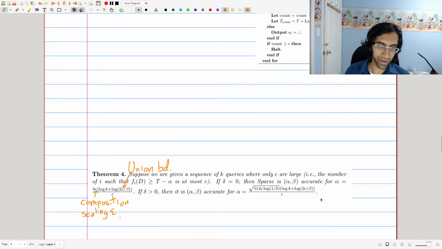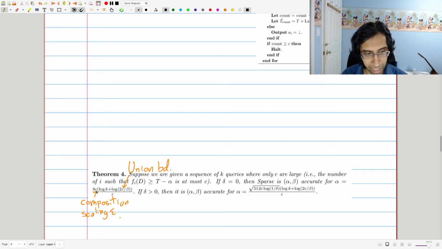So this is a very convenient type of algorithm, and it tells us which of many queries in a sequence are greater versus less than some threshold, approximately. Let me highlight a few more salient points here. One cool thing is that the dependence on the total number of queries asked is logarithmic. It's only log in k.